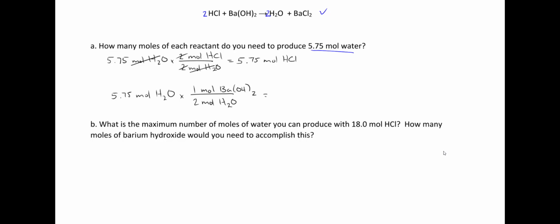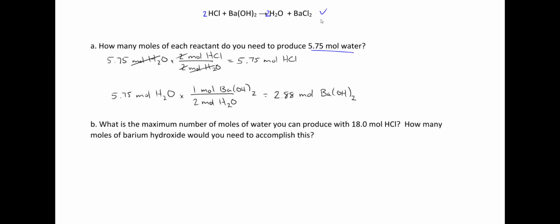So here we have, again, 2.875, which rounds to 2.88 if we need 3 significant digits. So I could put this as a sentence here. 5.75 moles of hydrochloric acid reacts with 2.88 moles of barium hydroxide, and that gives me 5.75 moles of water.